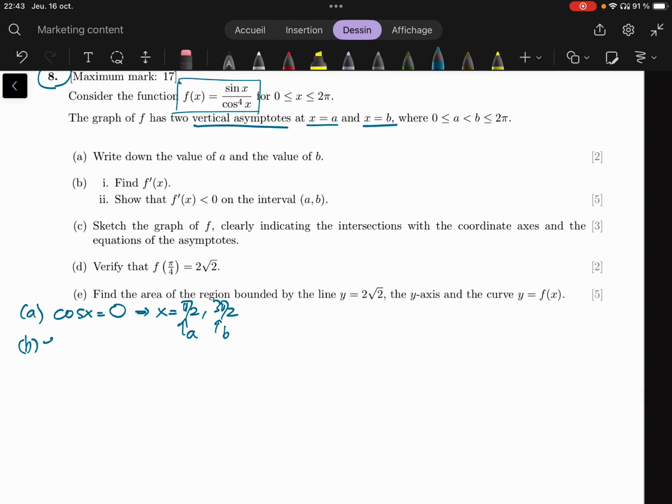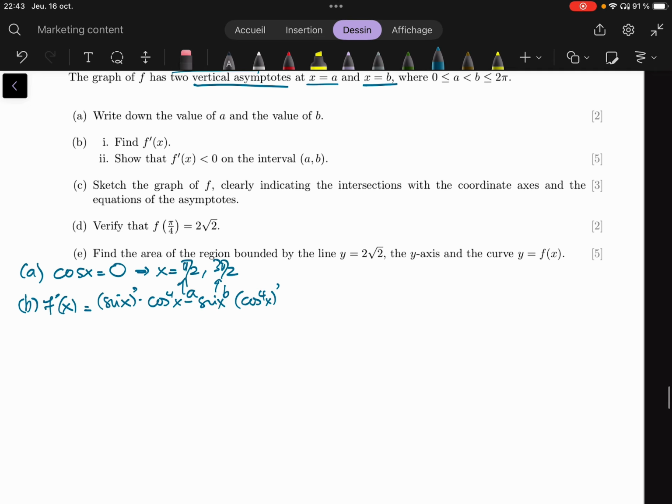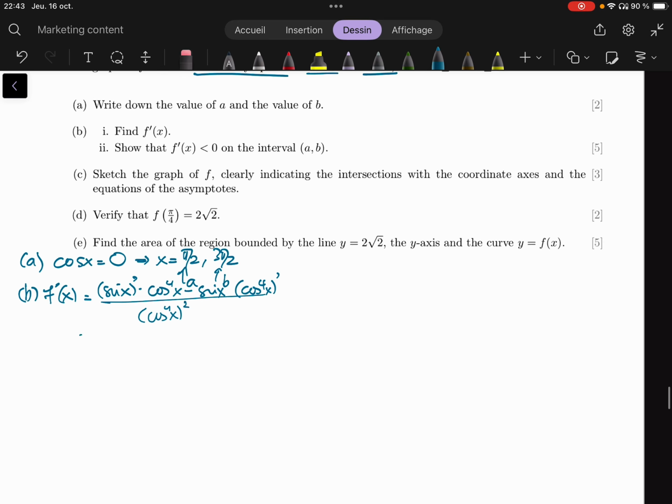Part B. Let's differentiate f. We have a quotient of two functions, so we'll use the quotient rule: derivative of the numerator times the denominator, minus the numerator times the derivative of the denominator, divided by the denominator squared.